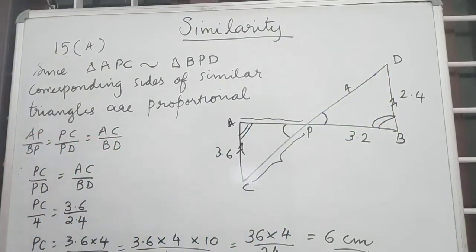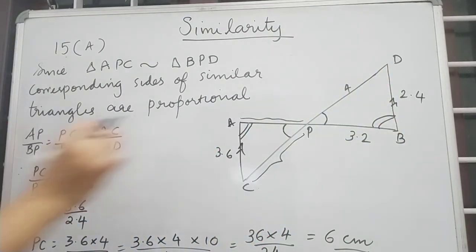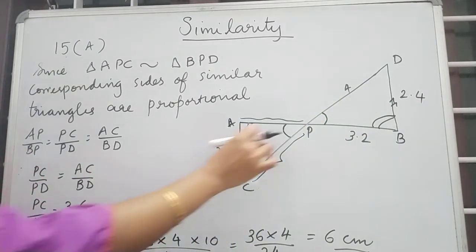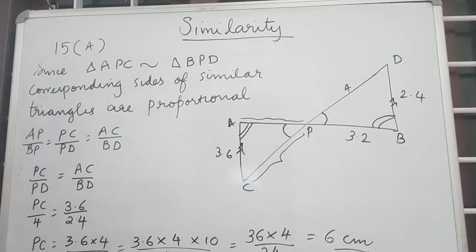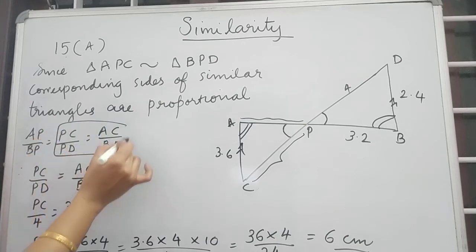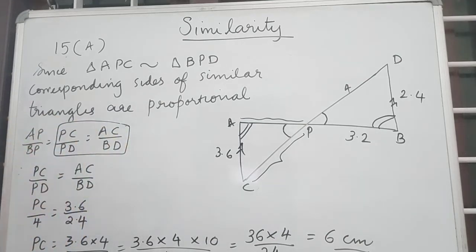So PC divided by PD is equal to AC divided by BD.